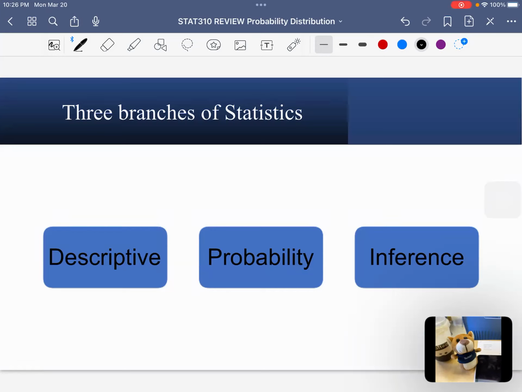So when you look at the big picture of statistics, we have three main branches: descriptive, probability, and inference.